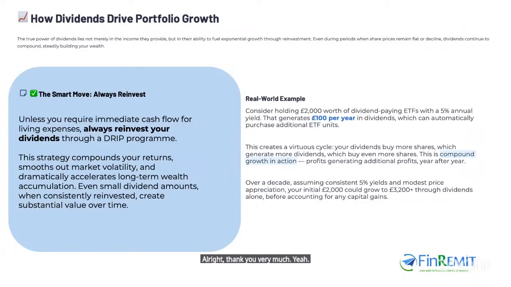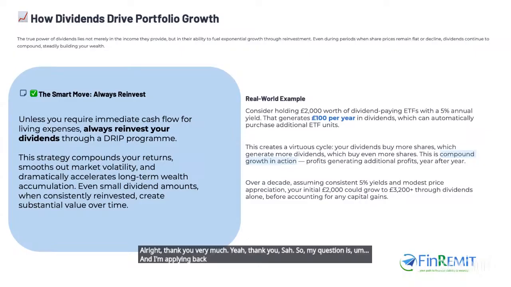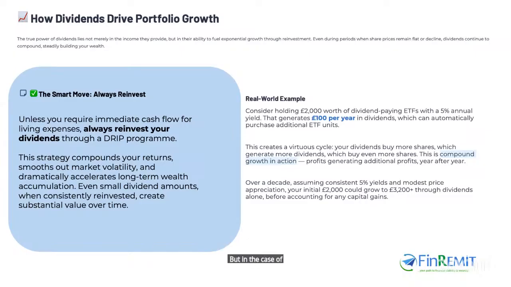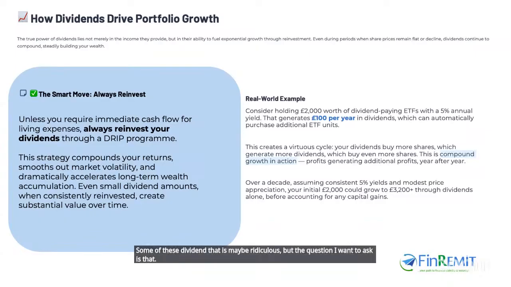Yeah, thank you, sir. So my question is around deploying back the dividends. But in the case of Nigeria, sometimes they will send some of these dividends that are ridiculously small. The question I want to ask is, what's the process one can follow?